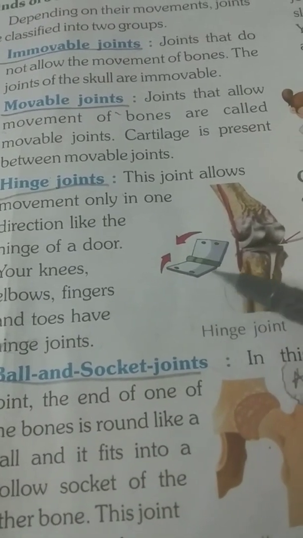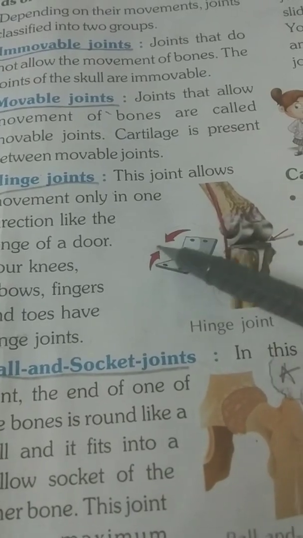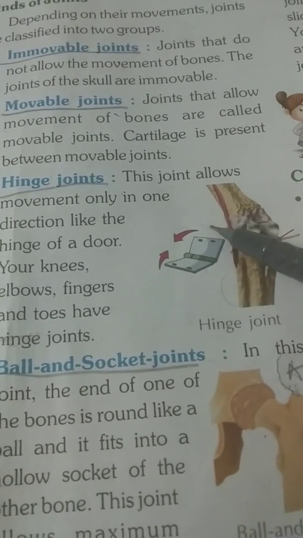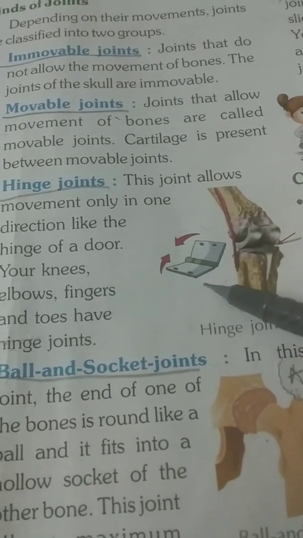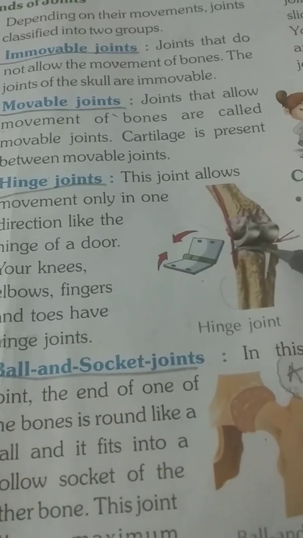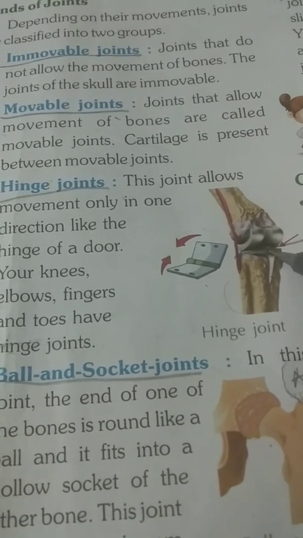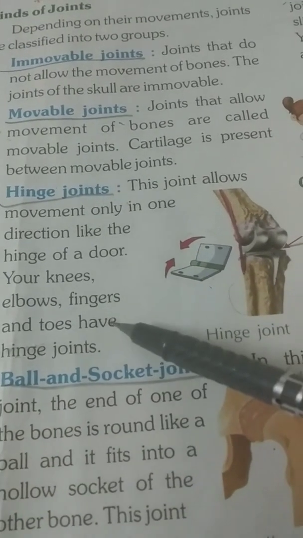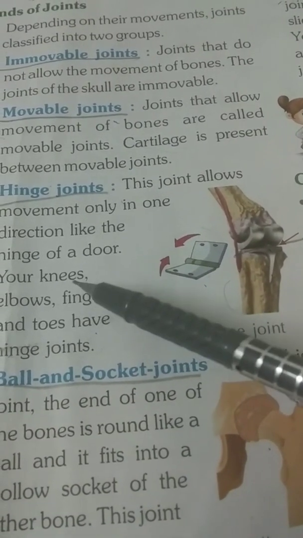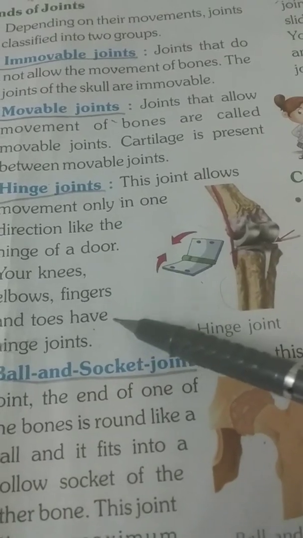When you open and close a door or window, it opens or closes in one direction only. So hinge joints are present in our knee, elbow, fingers and toes. These body parts have hinge joints.